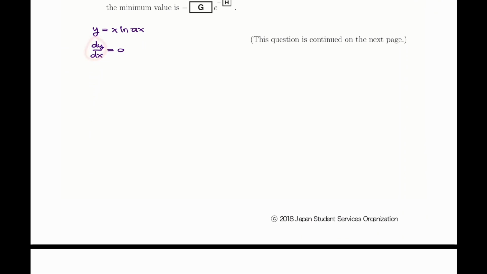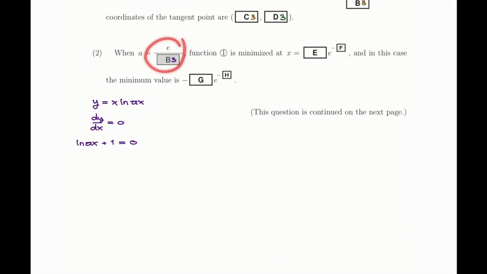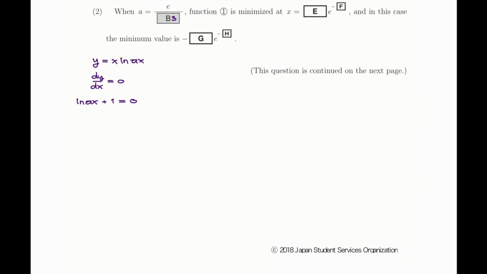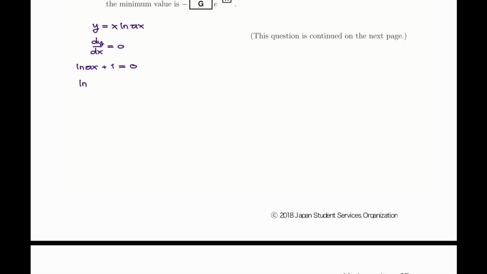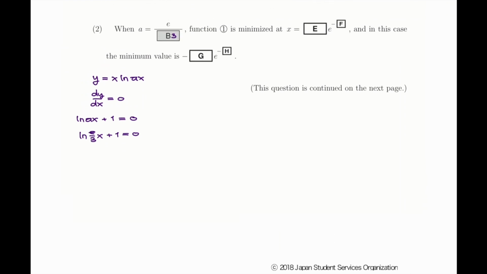Our dy dx is ln ax plus 1 is equal to 0. Since a is equal to e over 3, I got ln of e over 3 times x, plus 1, is equal to 0. By solving this equation, we will obtain x.